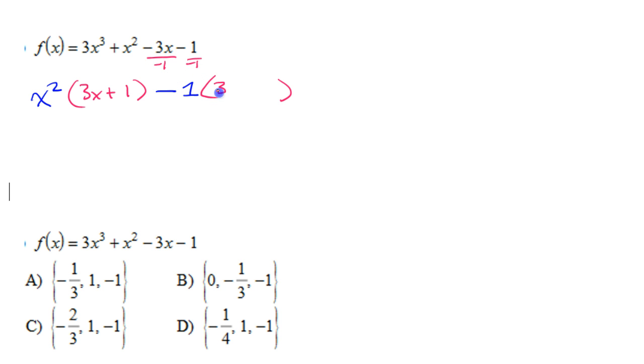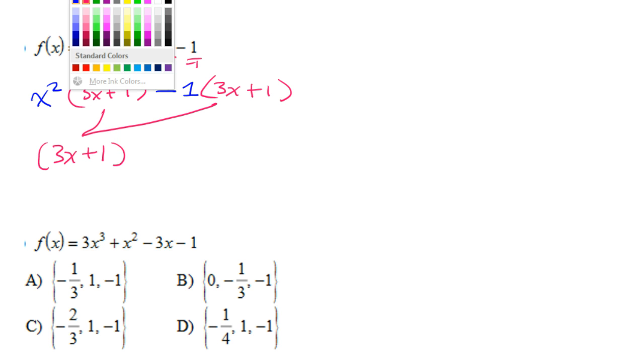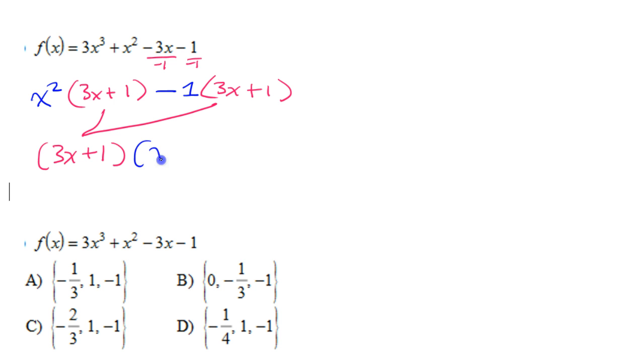Well, that will give me positive 3x and positive 1. Notice how that makes the parentheses the same. So that means 3x plus 1 is a common factor. So I will bring that out as I would any GCF. And that's going to leave behind the blue stuff, the x squared and the minus 1.